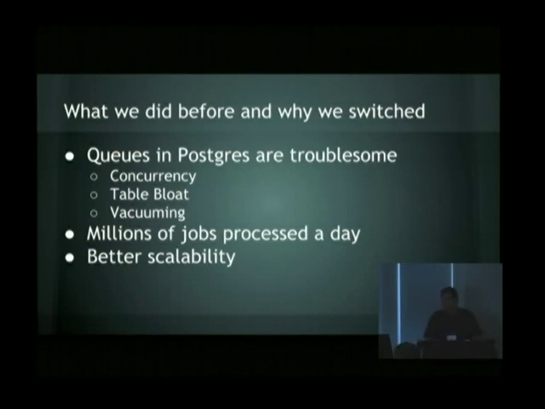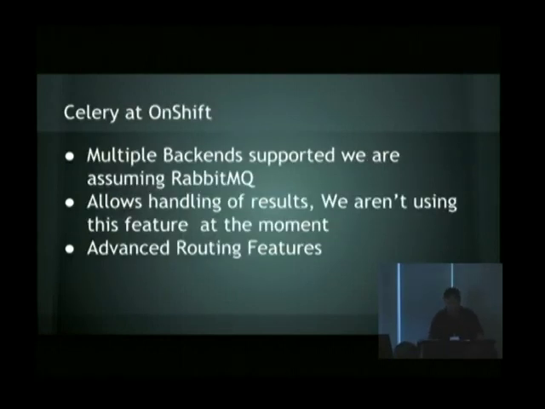So it ends up that for small things, a queue in Postgres works okay. But when you start doing big things, Postgres is not a queuing mechanism, and it doesn't work well for that. So we were looking for a better alternative, and we decided to choose Celery and RabbitMQ.